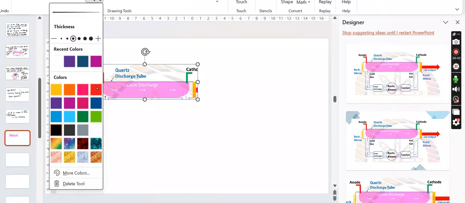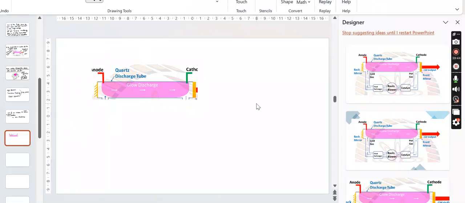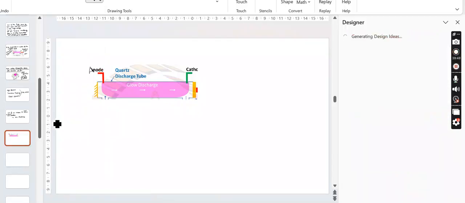So this is basically anode and this is cathode.